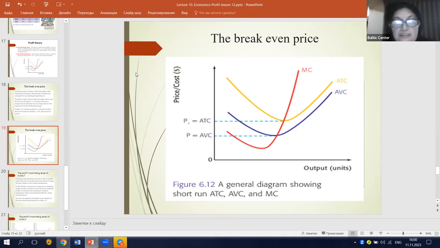So we can see that it's not shut down price, but break-even price. So, and the average total cost here is equal to P, okay?